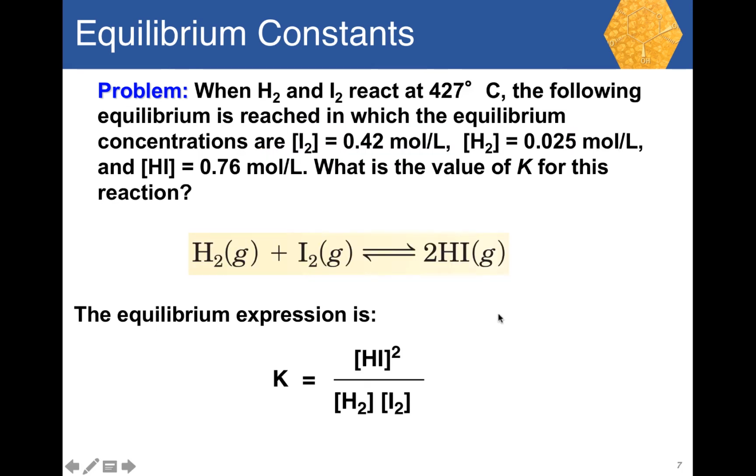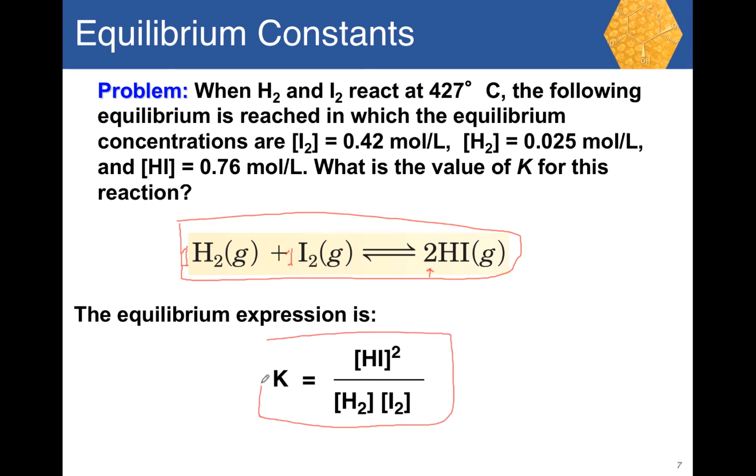Okay, let's take it further. Here's another reaction. Notice that the coefficients are different in this case. It's 1 for hydrogen, 1 for iodine, and 2 for HI, the product. So the equilibrium expression is right here.